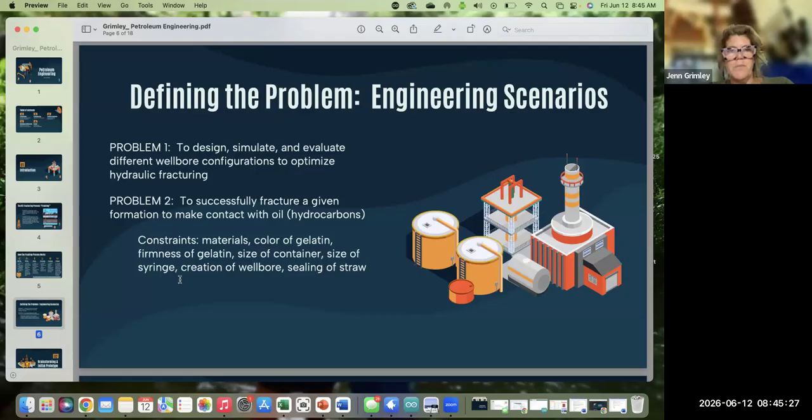So the problem was an engineering scenario. The first problem was to design, simulate, and then evaluate the wellbore configurations to optimize the fracturing process. The second problem was to successfully fracture a given formation to make contact with the oil.